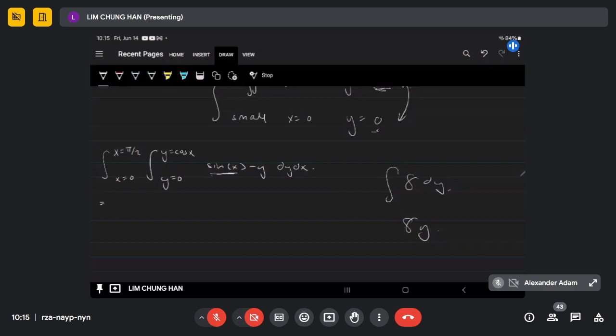Next, minus y. Okay. Now we are integrating y. Integrating y against dy, it becomes y squared over 2. And then your limits.